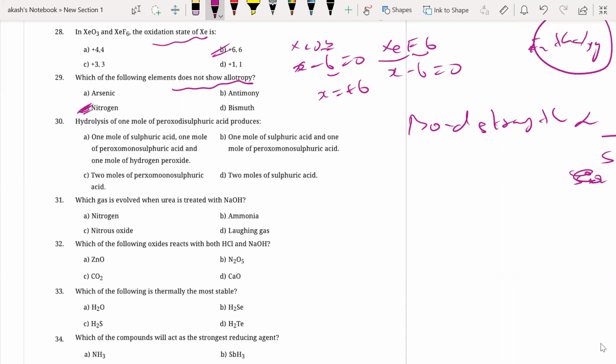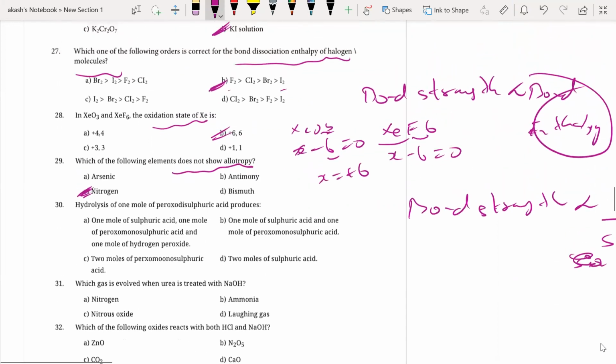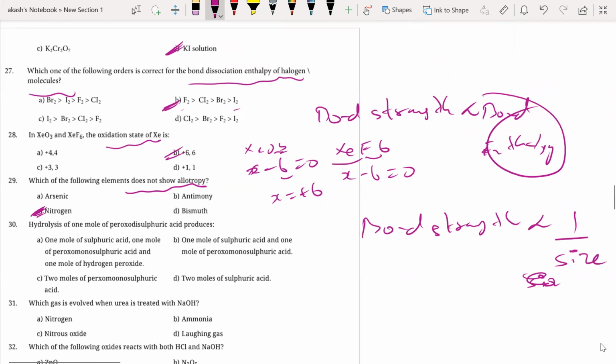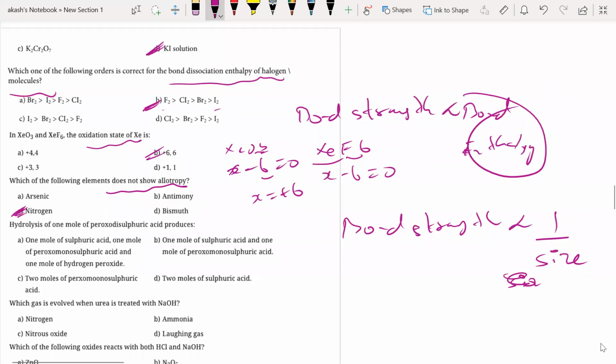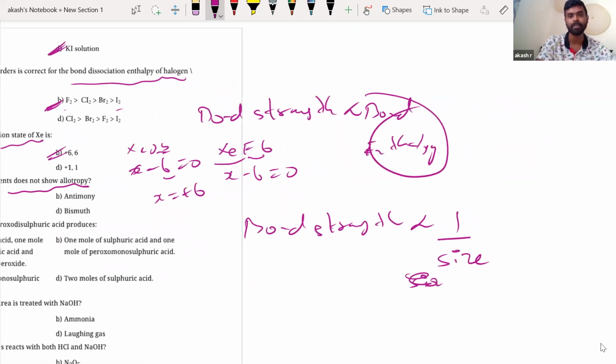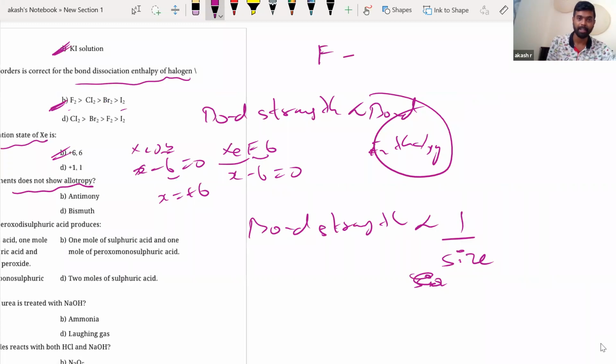For the 27th question, is the answer D, sir? Cl2, Br2, F2 and I2. Yes, because fluorine is very small in size and it's the most electronegative atom. What you have to understand is, if I check an F-F bond, both the fluorine atoms are very small and there are already 3 lone pairs present.